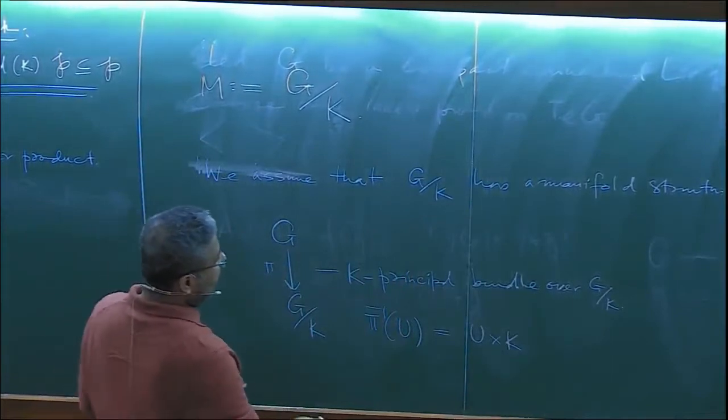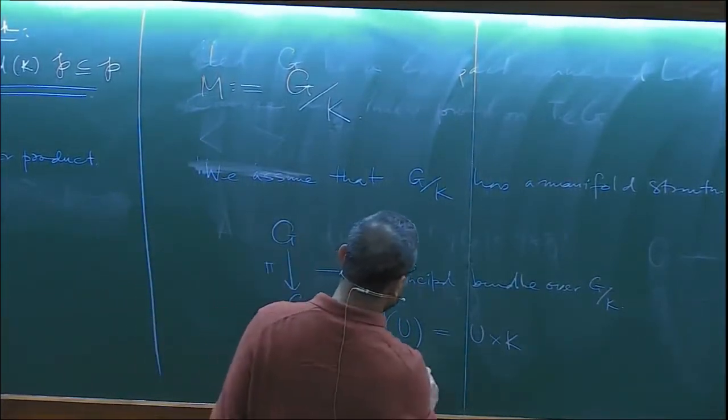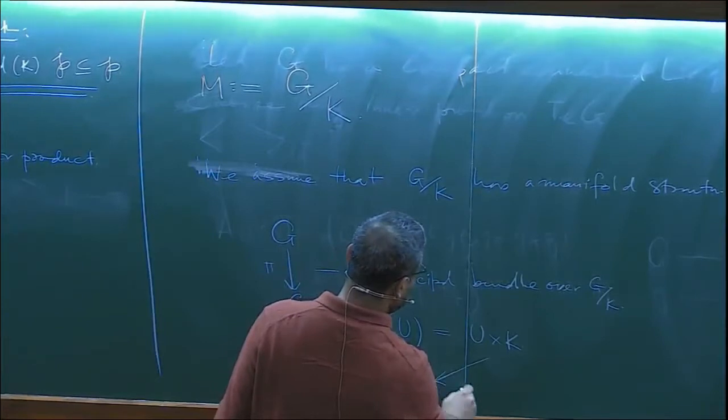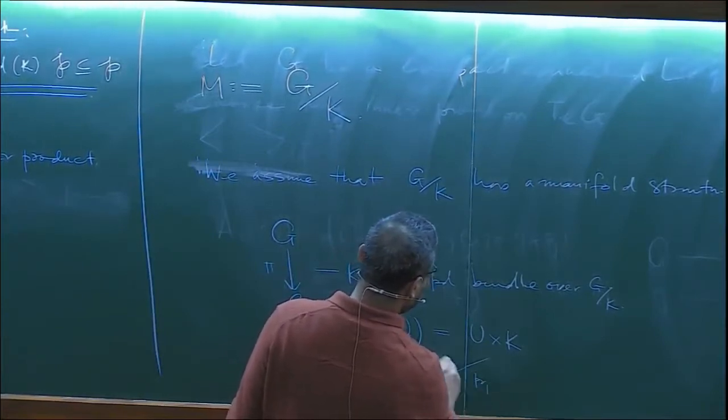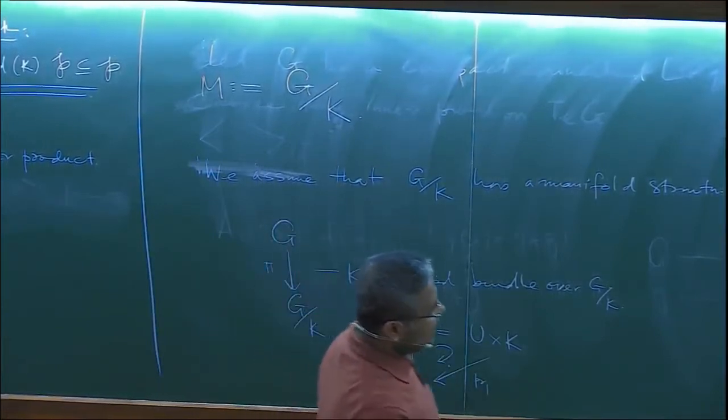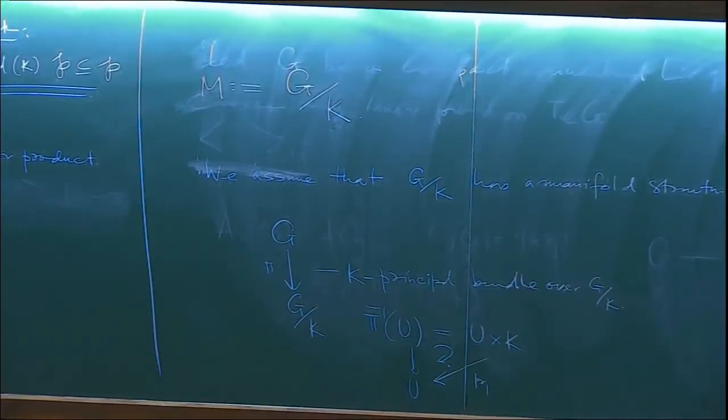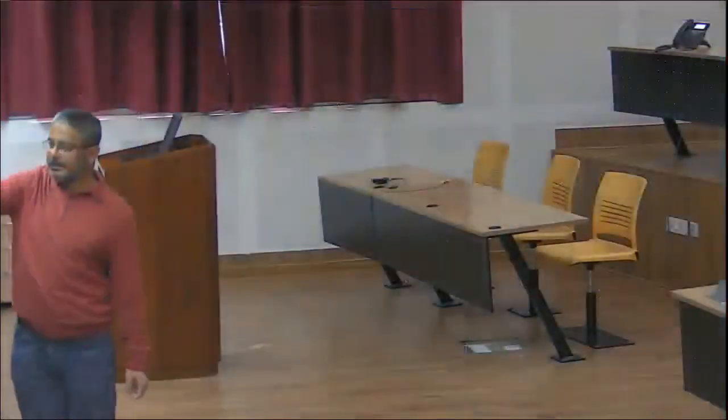And this maps to U by the first projection, so this diagram commutes. Okay, these are very general facts about Lie groups. You can find them in any basic Lie theory book, which will more or less contain the proof of this.